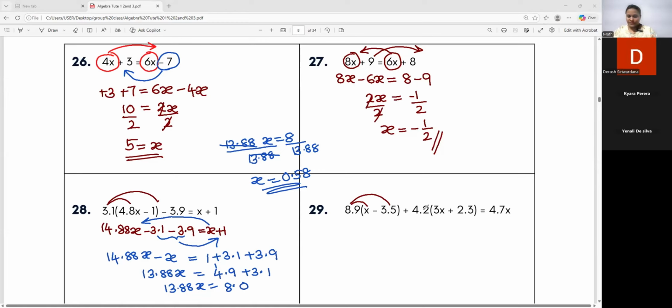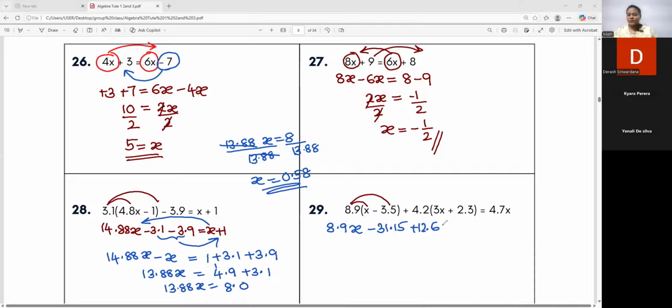8.9, let's remove the bracket first. 8.9 times 3.5 is 31.15, minus 31.15. Then 4.2 times 3: 42 times 3, it's like that, no? 3 times 2 is 6, 3 times 4 is 12.